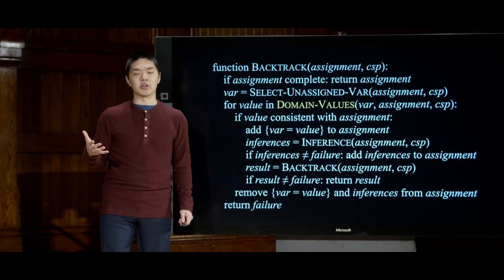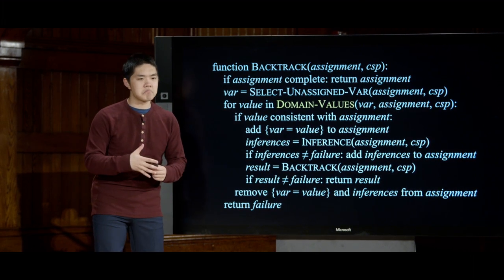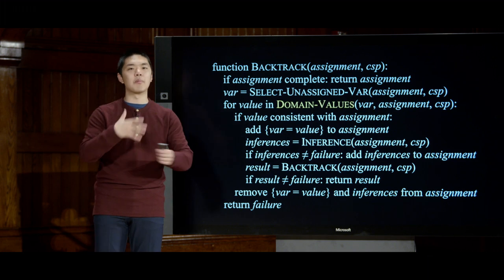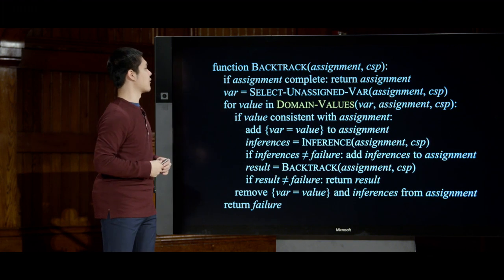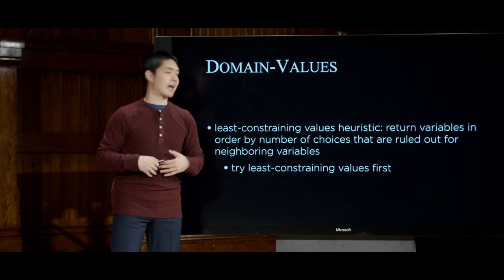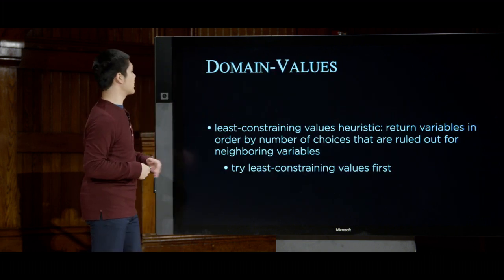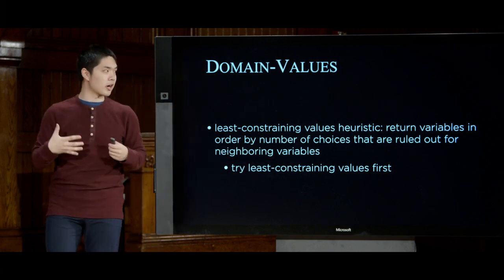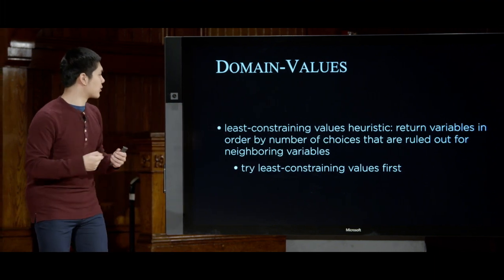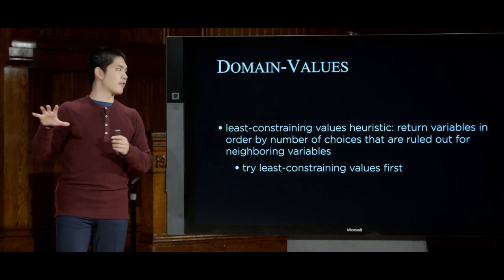Well, one thing you can take a look at is how many constraints get added, how many things get removed from domains as you make this new assignment of a variable to this particular value. And the heuristic we can use here is the least constraining value heuristic, which is the idea that we should return values in order based on the number of choices that are ruled out for neighboring variables.